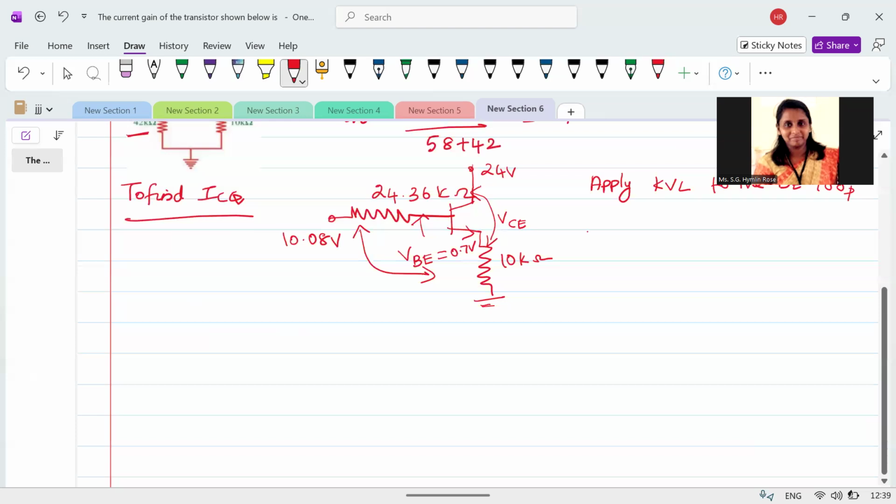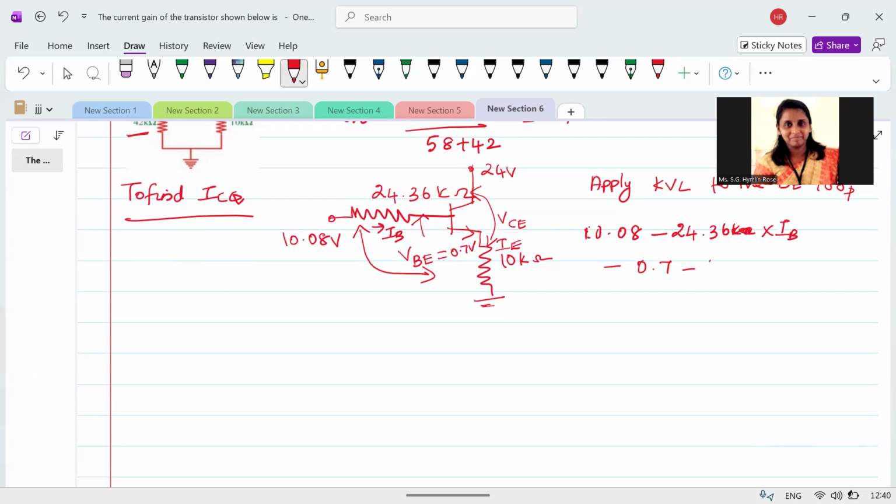Applying KVL to this base emitter loop: the potential rise 10.08, minus the potential drop across the resistance 24.36 kilo ohm, that is 24.36 into the current through it, IB, minus VBE, which is 0.7, minus the drop across the emitter resistance.